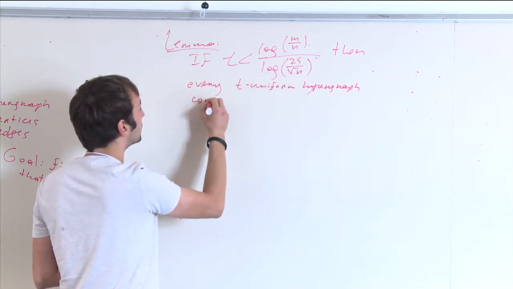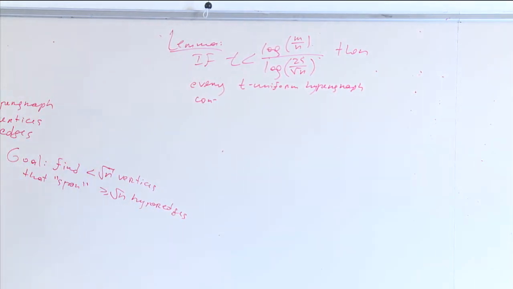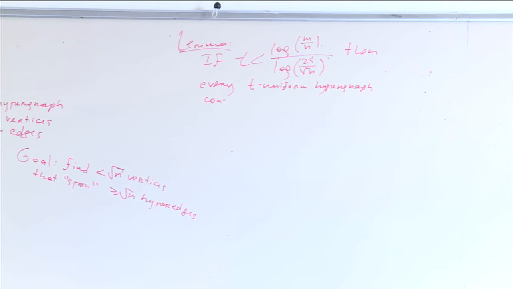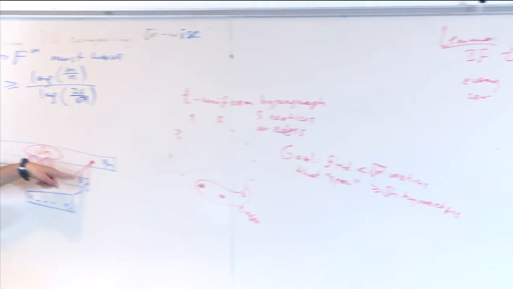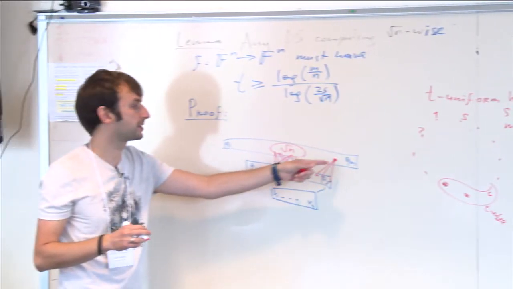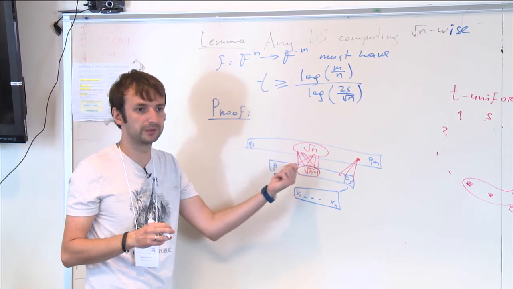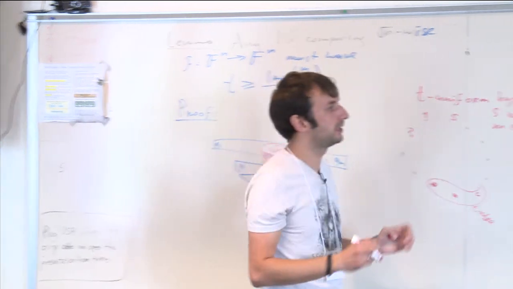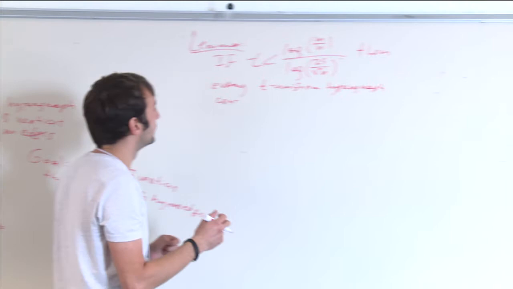T-uniform means that each vertex is a part of T edges? That means every edge has exactly T vertices. If some query probes fewer than T memory cells, I just probe a few more and ignore them. So every edge will contain exactly T vertices.